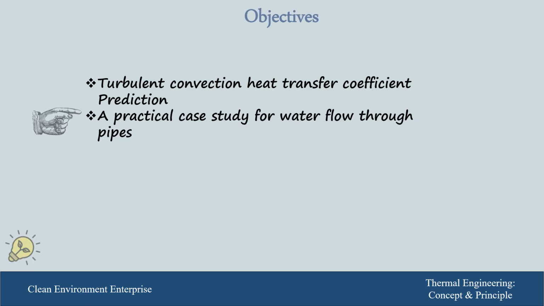We will take a practical case study for water that passes through pipes, and how can we estimate the heat transfer coefficient for such cases. And finally, we will arrive as usual to the closure of the content of the present episode.